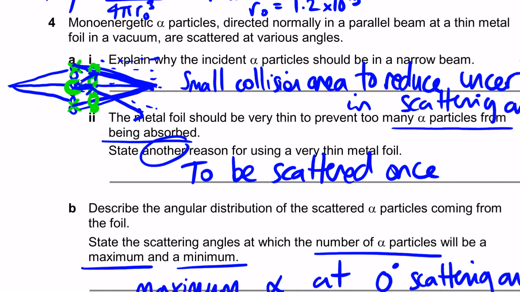It's really important to read very carefully what the question said here, because it's talking about the number of alpha particles, not the amount that's scattered. Because the amount that's scattered would be a minimum at 0 degrees, but the number of actual alpha particles we're measuring is a maximum at 0. And the inverse of that, we're going to get a minimum alpha at 180 degrees. Okay, and this is our backscattering.